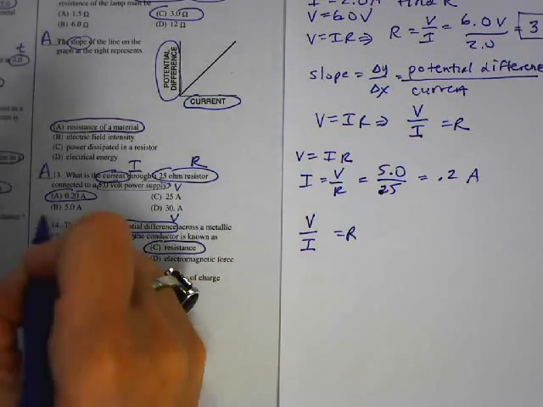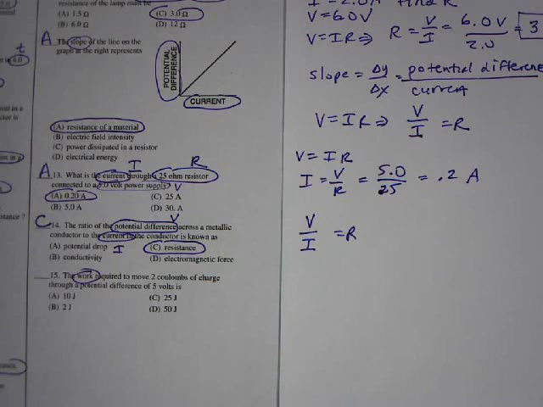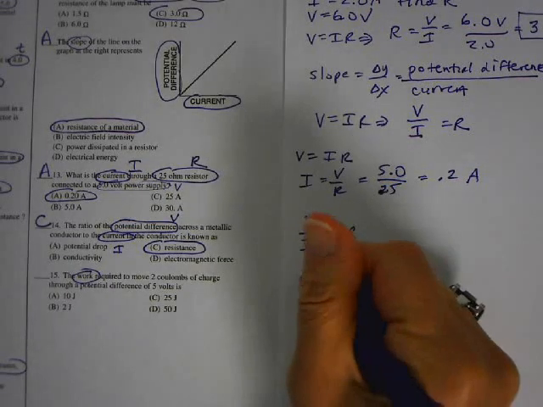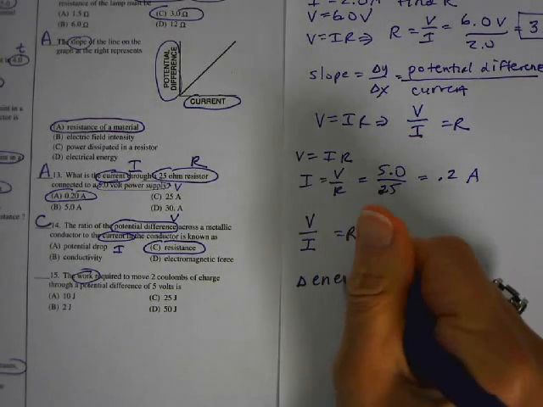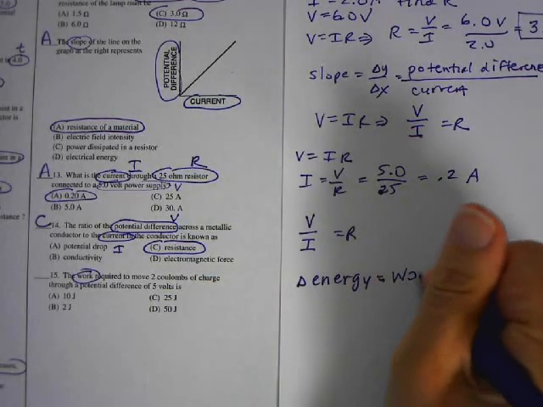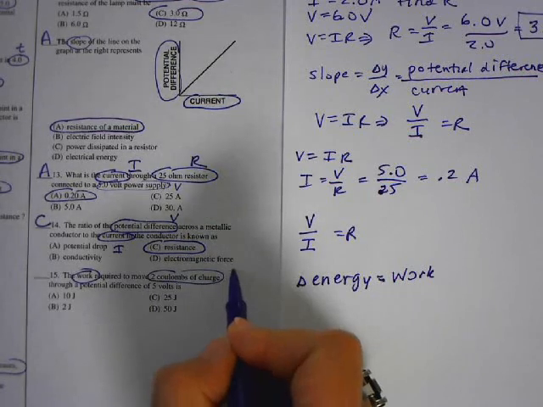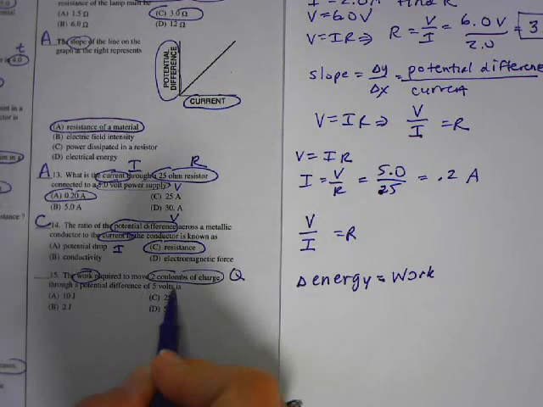And the last multiple choice question, the work. Whenever I see the word work, the first thing that pops up in my mind is what? Work is the change in energy. 2 coulombs of charge, so that's Q, over a potential difference of 5 volts.